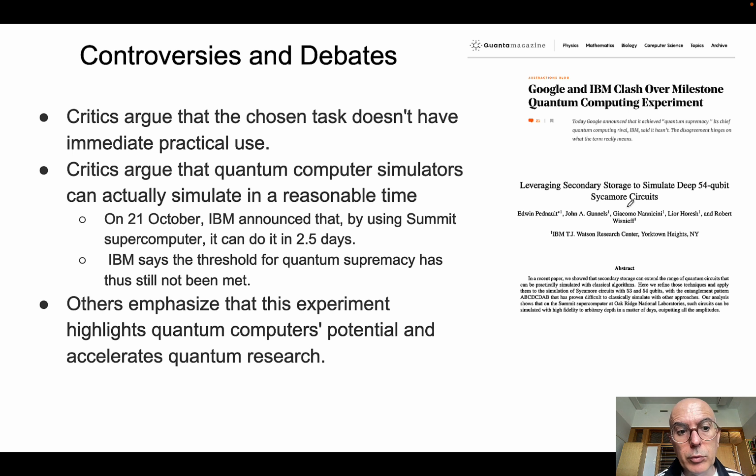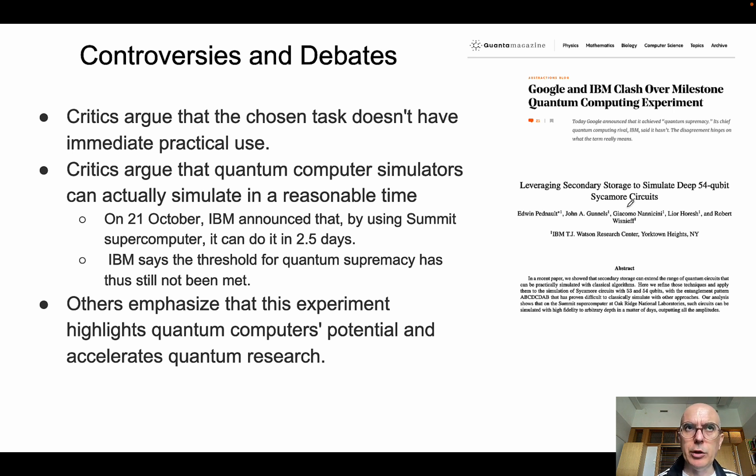On the 21st of October 2019, in fact, as a reaction to Google's paper, IBM announced that by using the Summit supercomputer at the Oak Ridge National Labs, we can actually simulate the same problem on a classical supercomputer in 2.5 days.